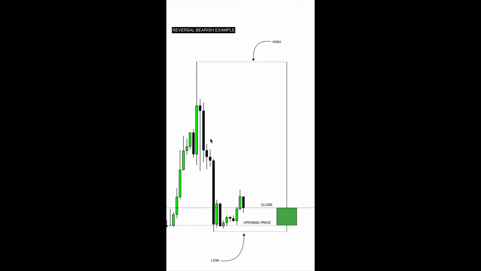After that snap to the downside, we form the low of the day, which is the low of the daily candlestick, and then we get a close. So the reason that long wick is formed is that quick snap, that quick reversal to the downside, and then we'd get a possible move lower to carry on the move.